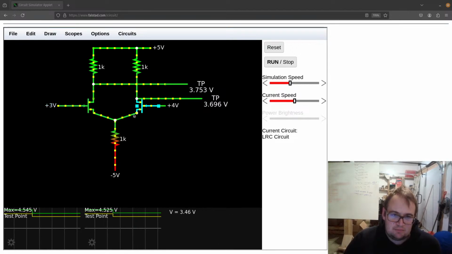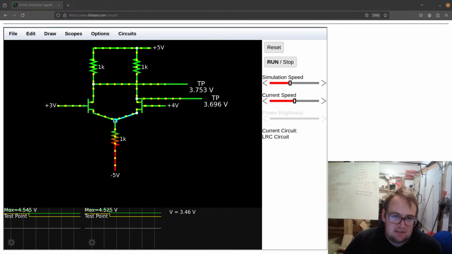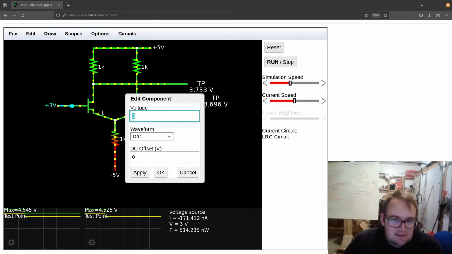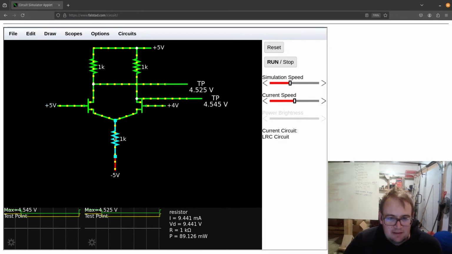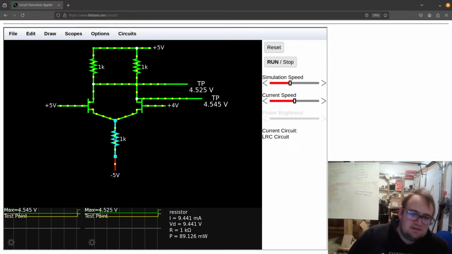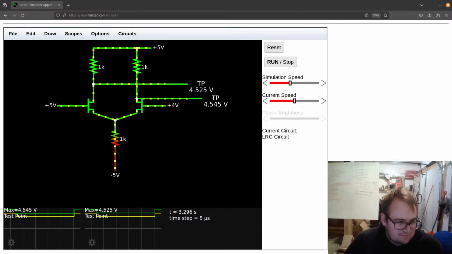Before, this one wasn't pulling in any current. Oh, it's pretty interesting. And that's 3.46. So I'm going to just change this there. Apply. Oh, it's a little bit more. It's about a milliamp more, but not much. Oh, that's interesting.